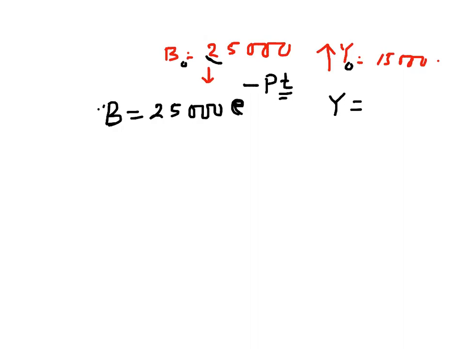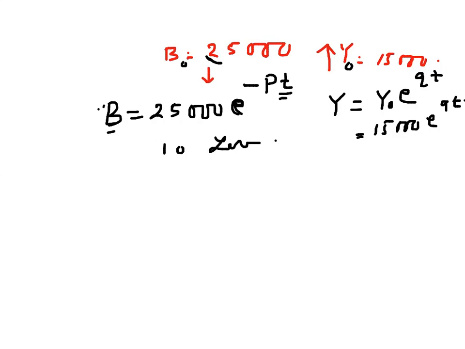Similarly for Y, this is Y0, so basically Y is Y0 e^(qt), and this one is 15,000 e^(qt). Now it is said that after 10 years the population of B is 20,000. So we need to find p.